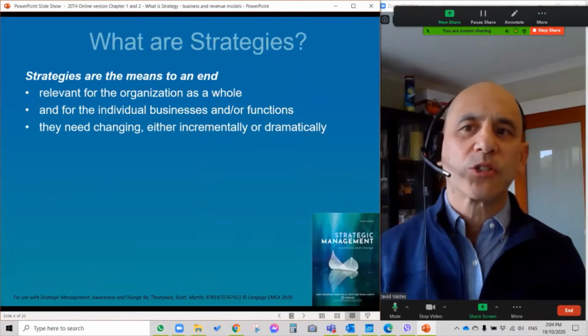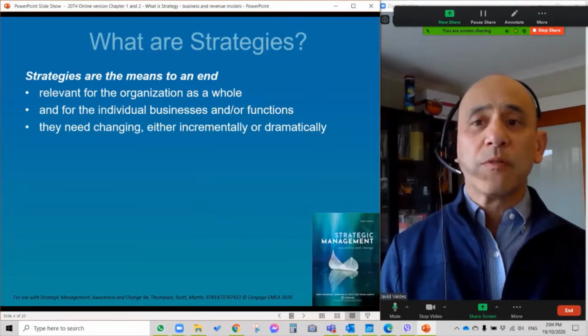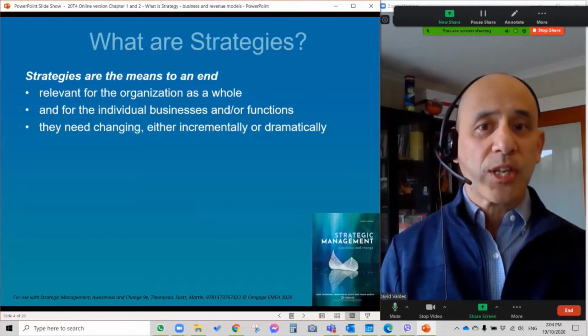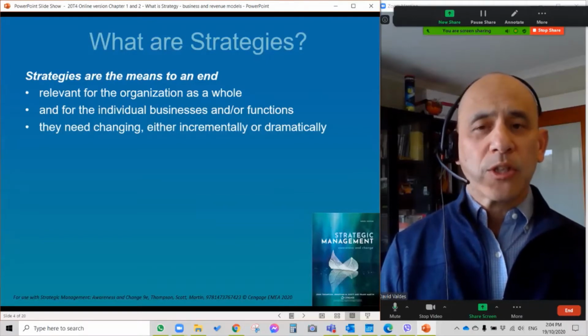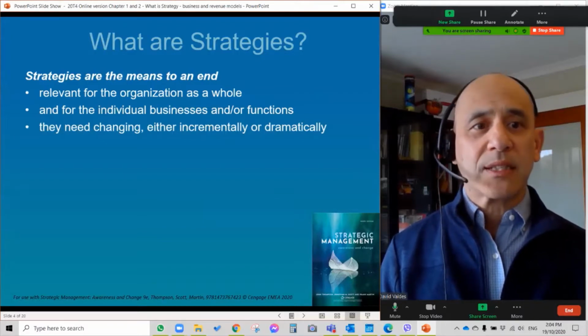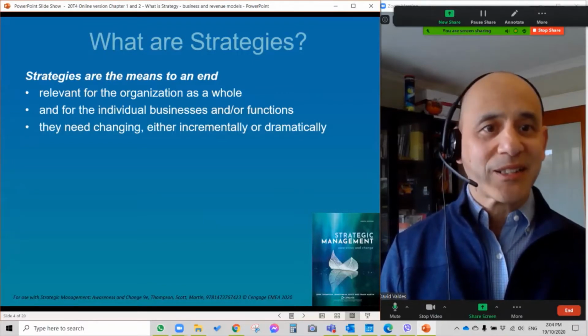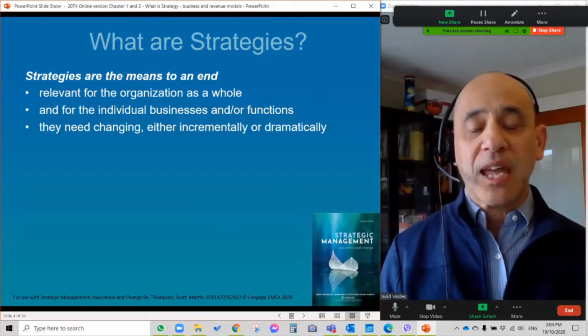So what are strategies? Again, they are the means to an end, and they're often very relevant for the entire organization as a whole. And organizations can be very small. It could be your small business, but it could be a conglomerate like, say, Wesfarmers, which owns Coles, Bunnings, Kmart.